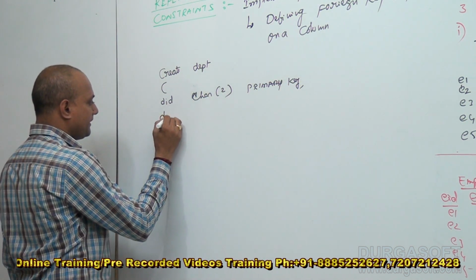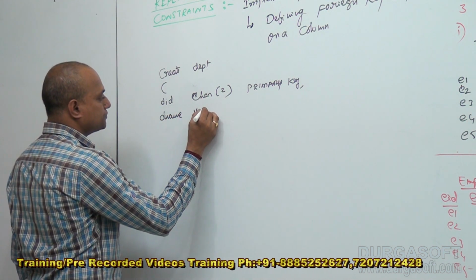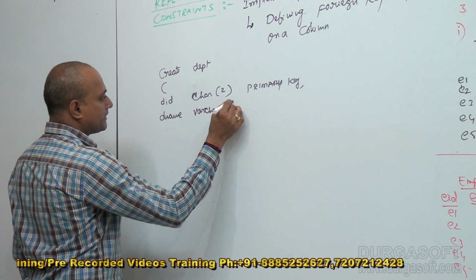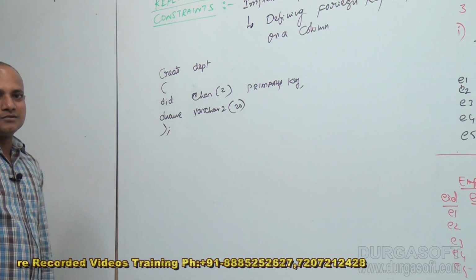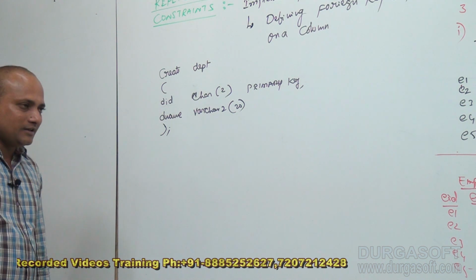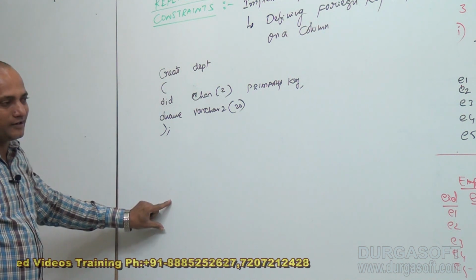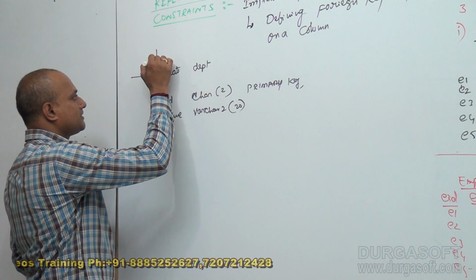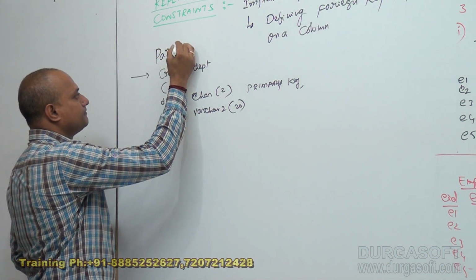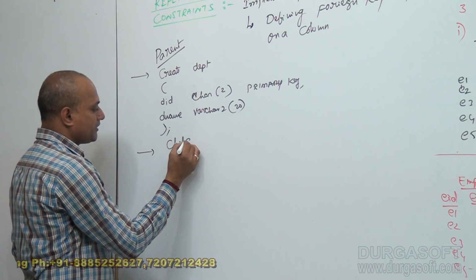Next, department name, varchar2 of 20. Finish. So we need a table with primary key. Why? Because the same primary key I will use in another table to define foreign key constraint. This is called as parent table. Next table, child table.